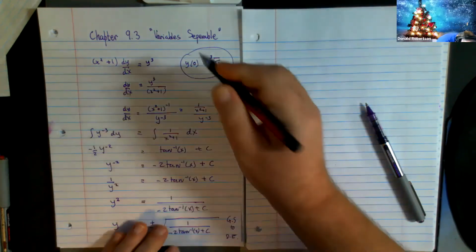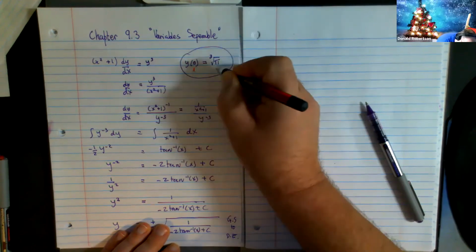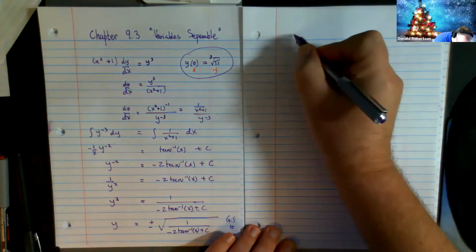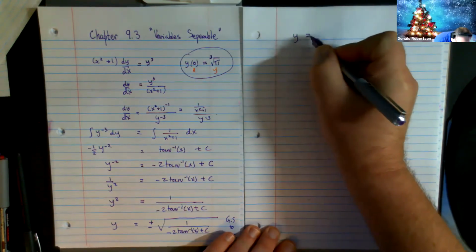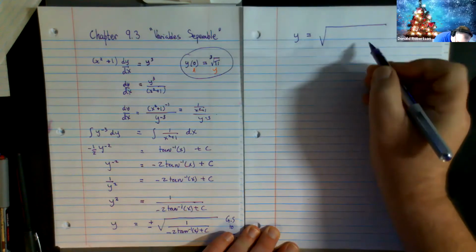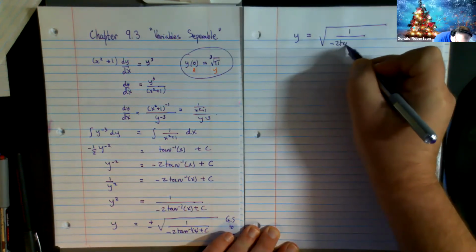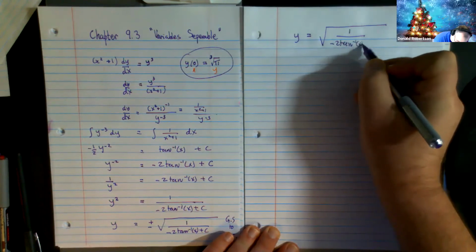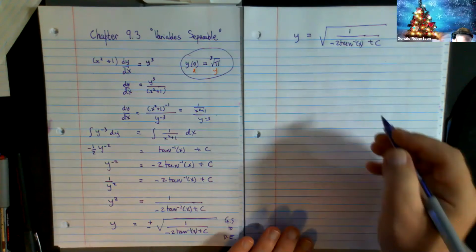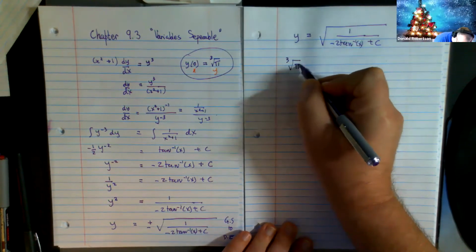So I'm going to put x is 0, y is that guy. So y is going to be, because we've already argued about it, negative 2 inverse tan of x plus c. And on this side, we have the cube root of pi.